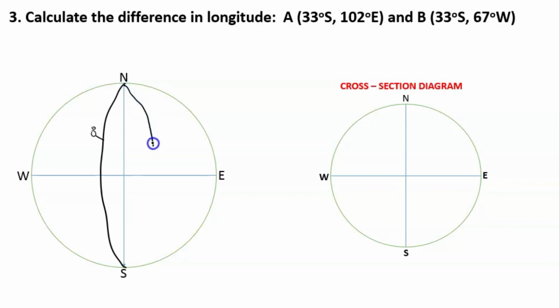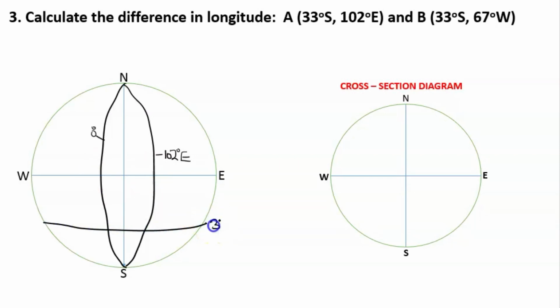Let's find a convenient side. This is 102 degrees east. Okay, so what about their common latitude? Their common latitude is 33 degrees south. So let me just come to the southern hemisphere and have my 33 here.